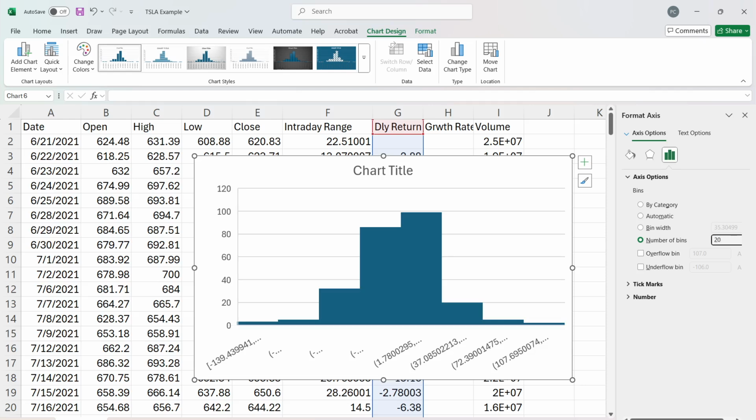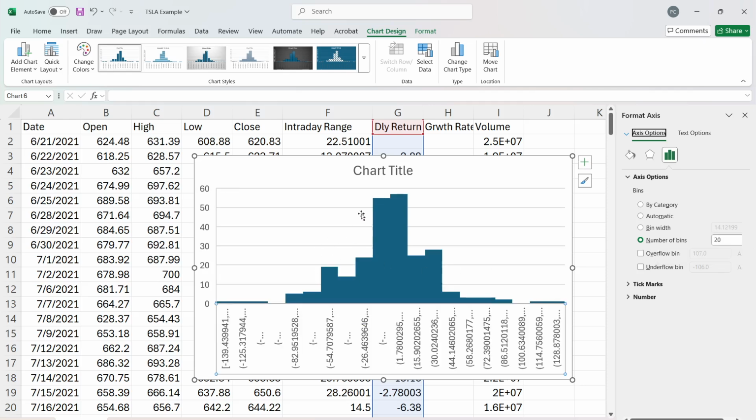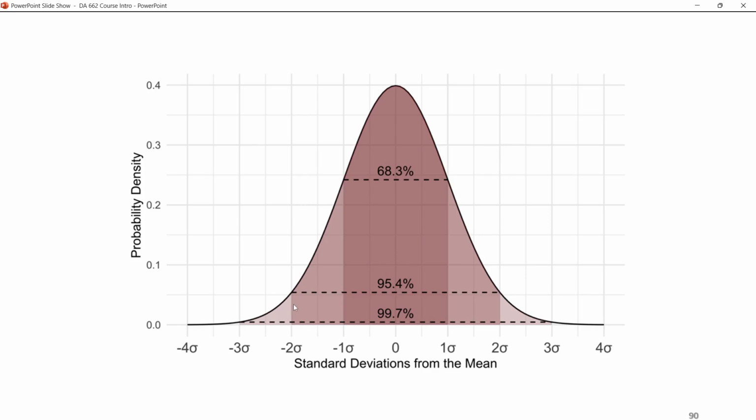Let's go back to say 20. This peak in the center is a bit too tall, and these tails are a bit too long. So instead of looking like this, I should have taller tails over here, more observations way out there, and then a spike in the middle that goes up a little bit higher, narrower shoulders, and then again, more stuff out here, somewhere like 3 or 4 standard deviations above average.